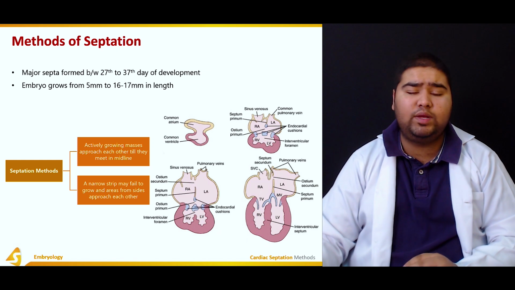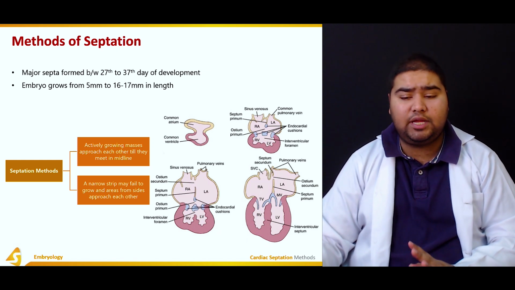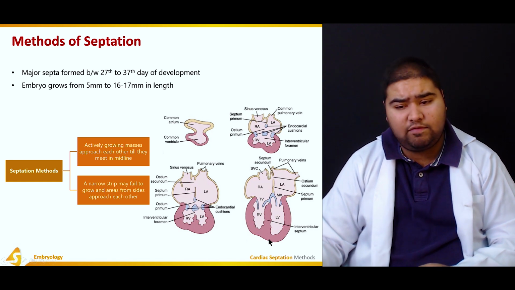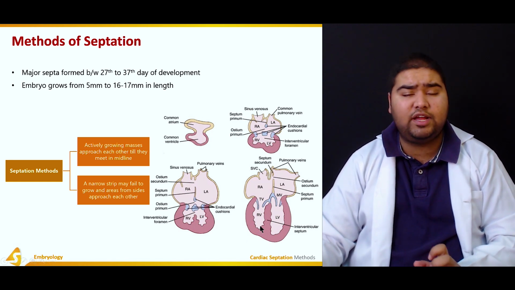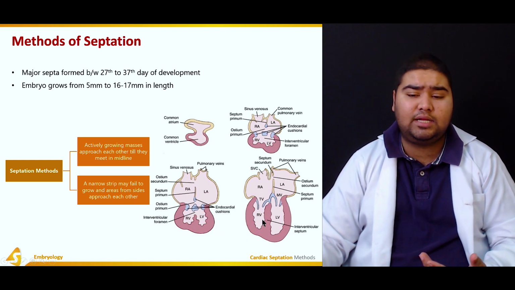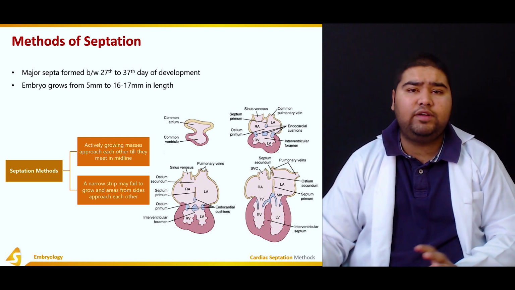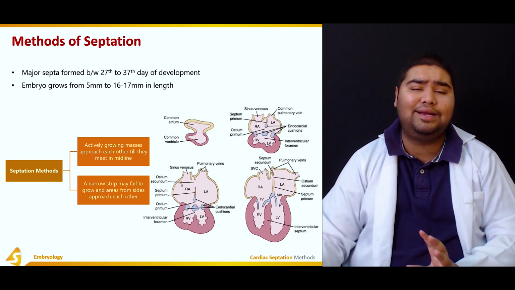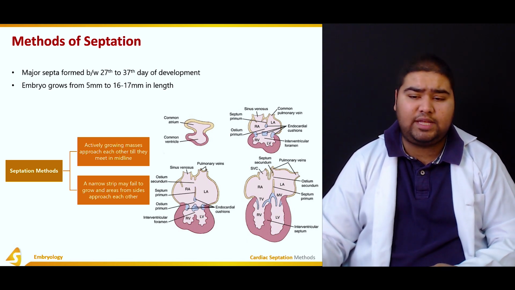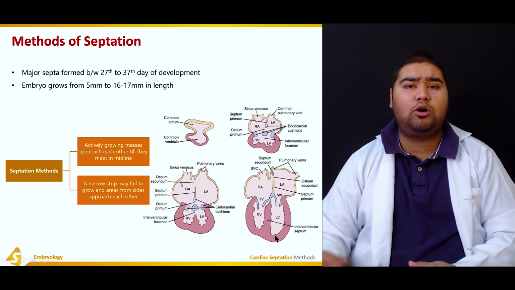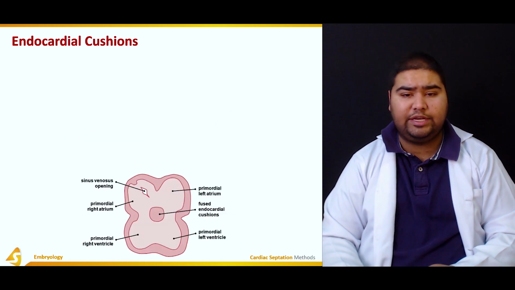This picture depicts a complete true partition, but in the second method, a narrow strip fails to undergo development, and as a result the remainder of the cells continue to develop so that they overcome this failed area of cell growth, and then they help in the formation of septa, resulting in two separate ventricles, as this process commonly takes place within the ventricle.